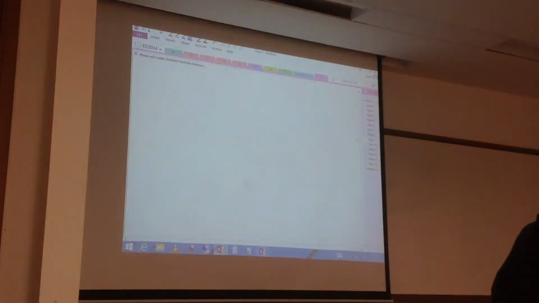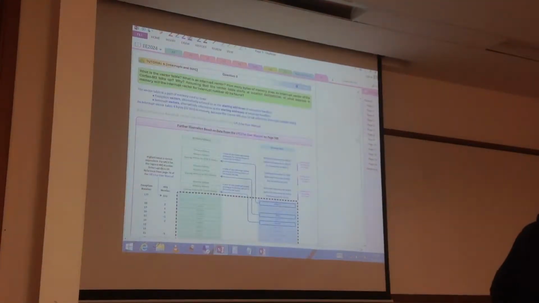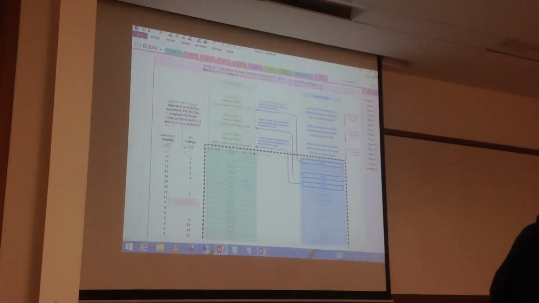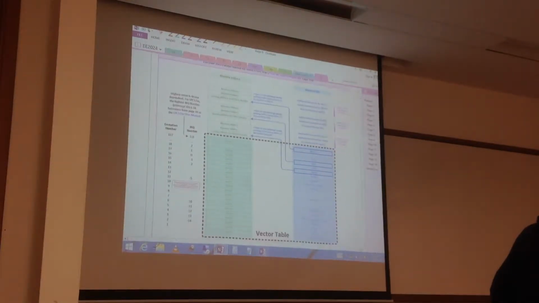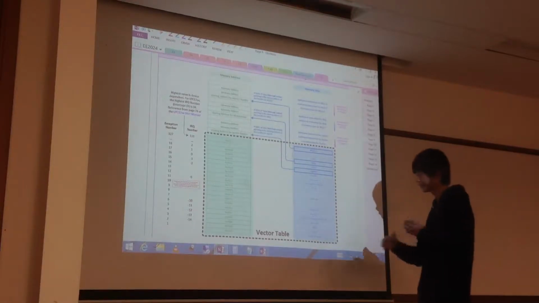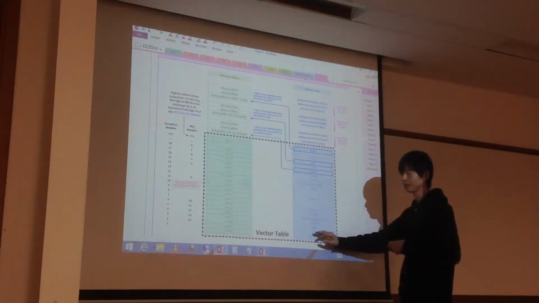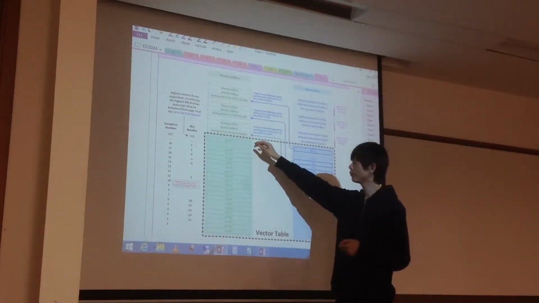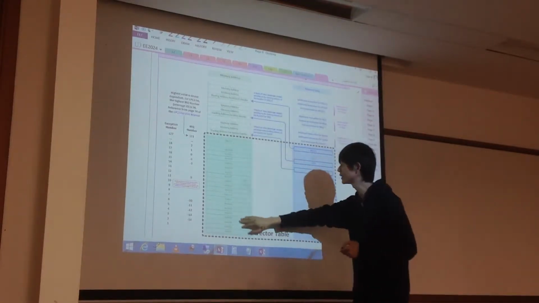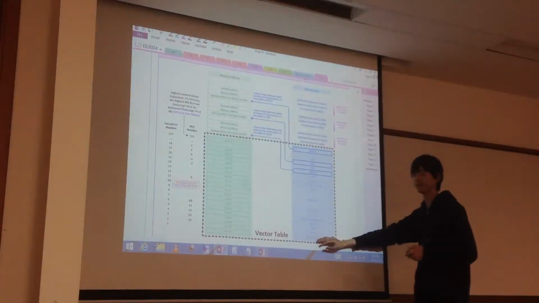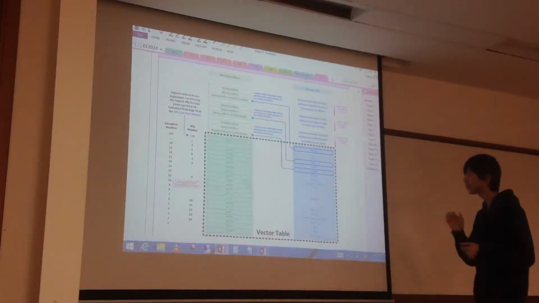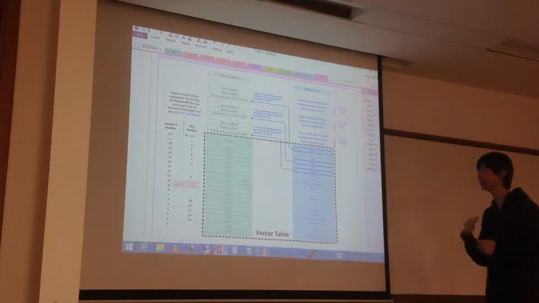So let's look further. The vector table itself is in your memory. Okay? Memory address, memory data. So this is an address, this is data. It's what we have always been seeing since the very beginning.